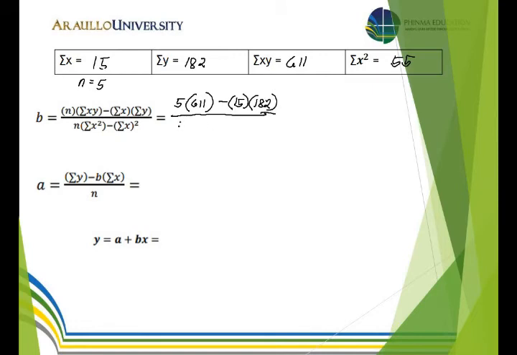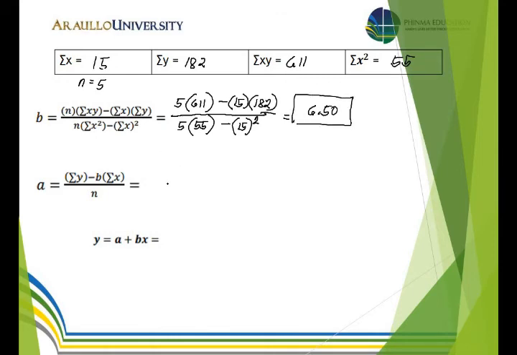And then we have n again, which is 5, times summation of x squared, which is 55, minus 15 squared. When we encode that in the calculator, we get 6.50 or 6.5. That is our b.